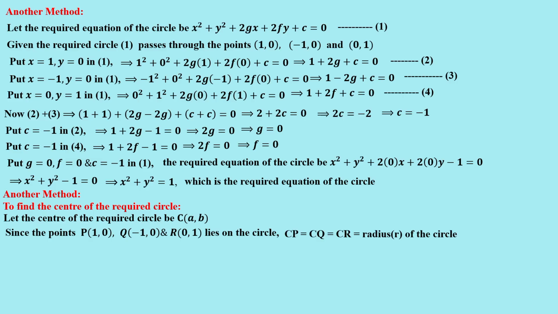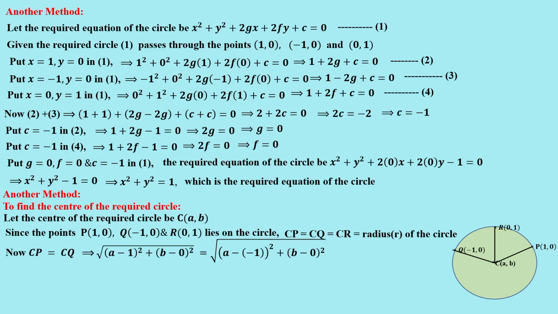So the distances from the center C to P, C to Q, C to R are nothing but the radius of the circle, correct? So these distances are all equal. Now CP is equal to CQ.